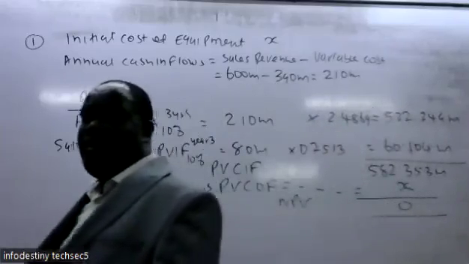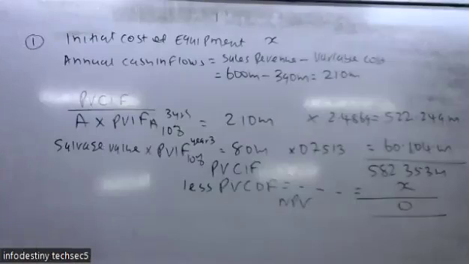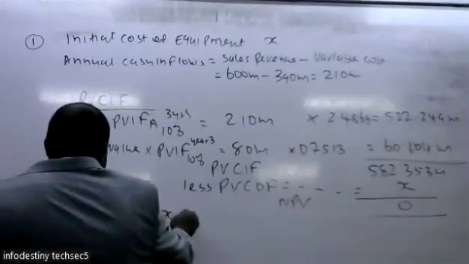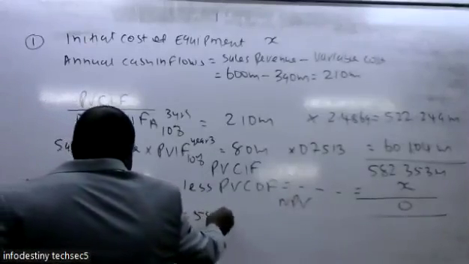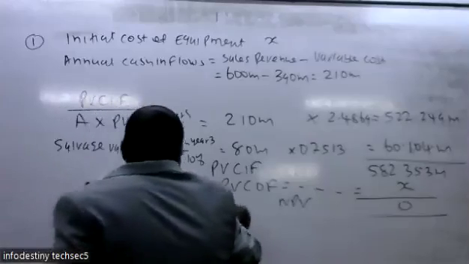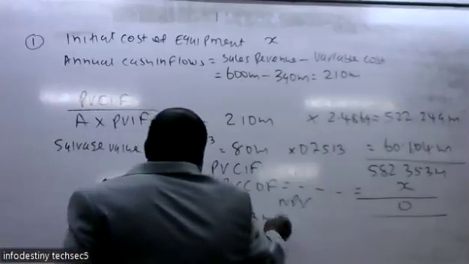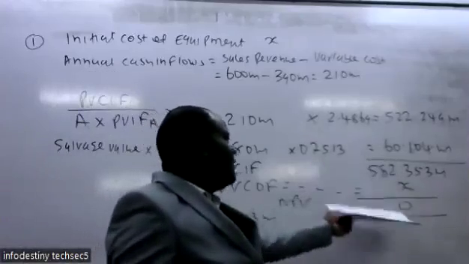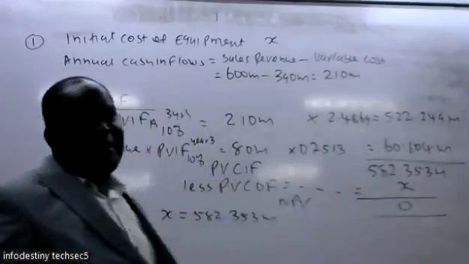So we make initial cost as 0. So that means X will be the same as what? The same as 582.353 million. Yeah, the X is the figure that when you minus from that you get 0.